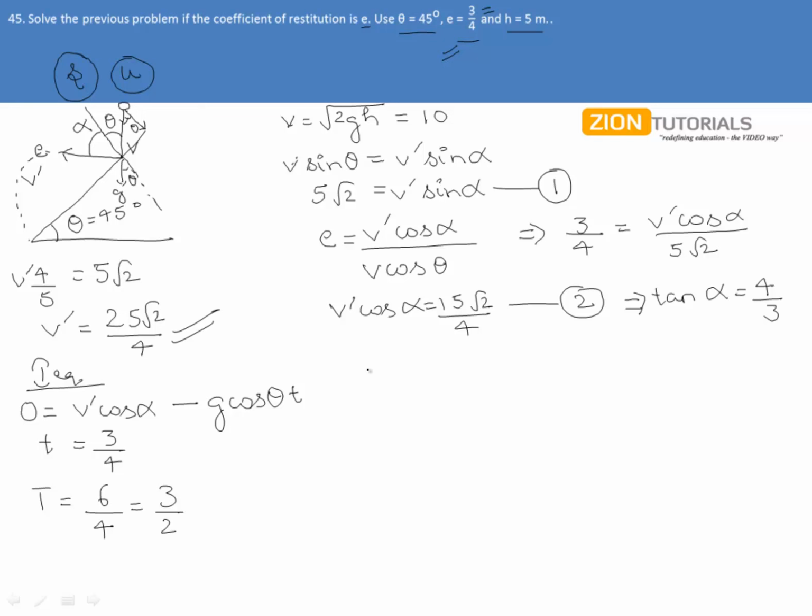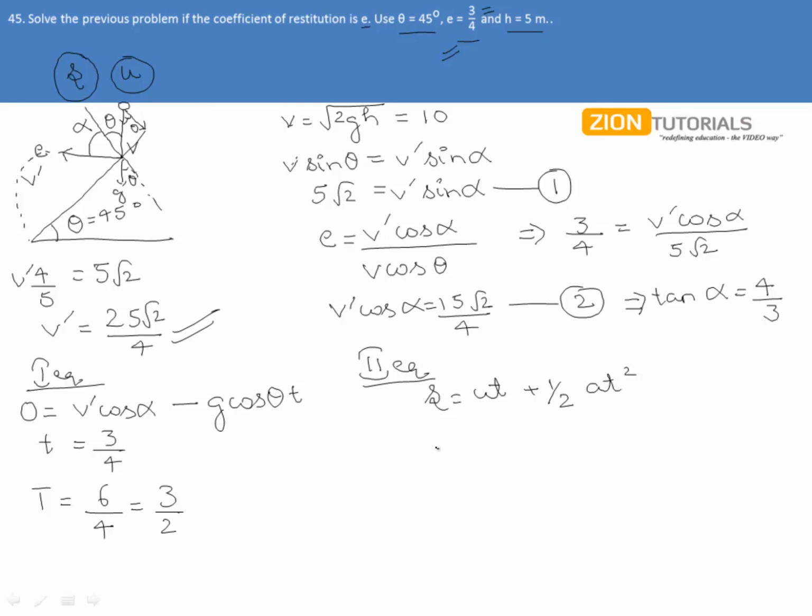Now we need to find the distance traveled along the inclined plane. So let us employ the second equation of motion, in which S equals ut plus half at square.